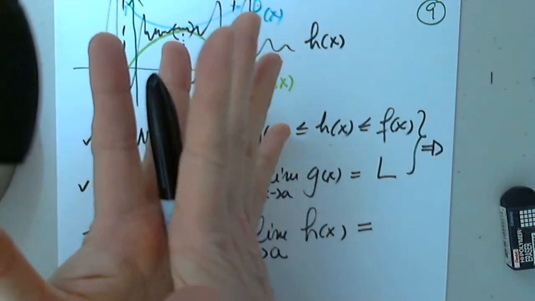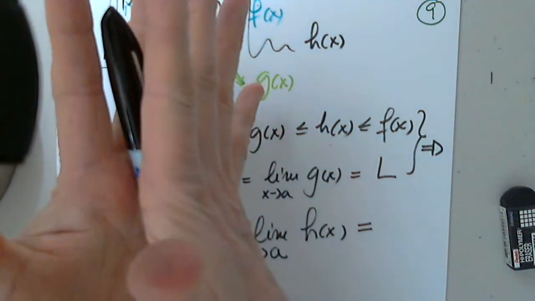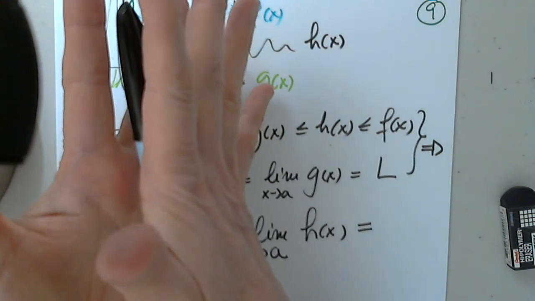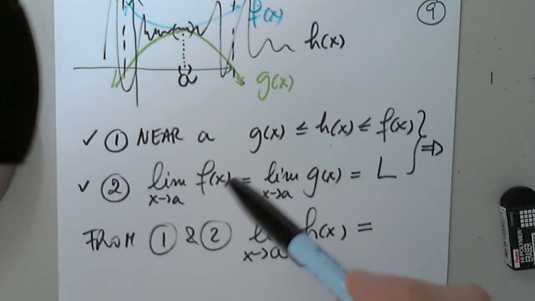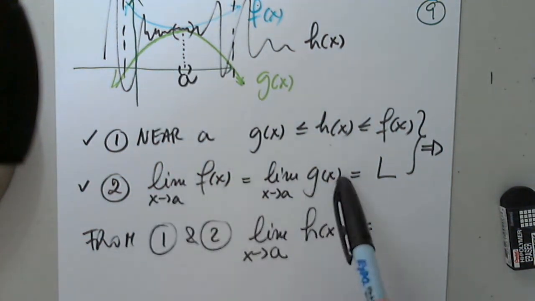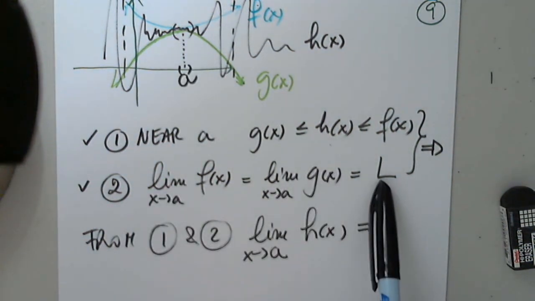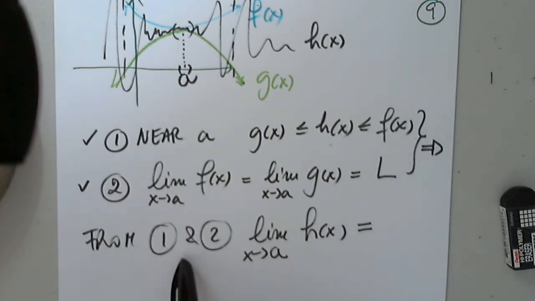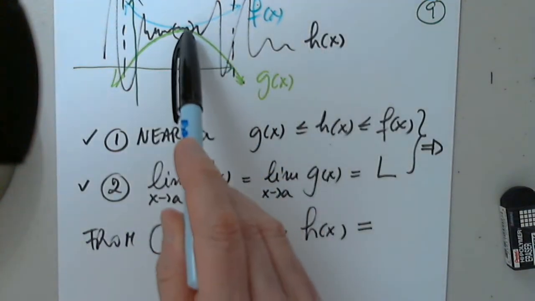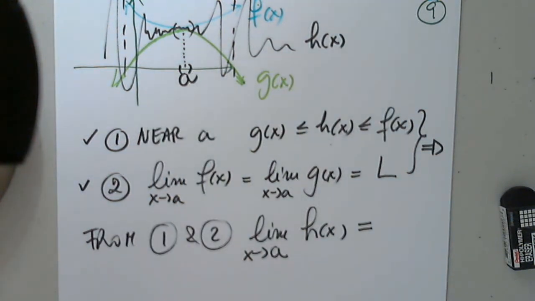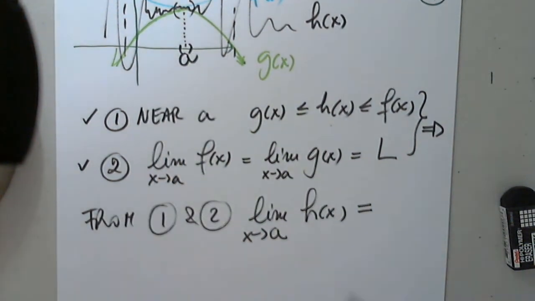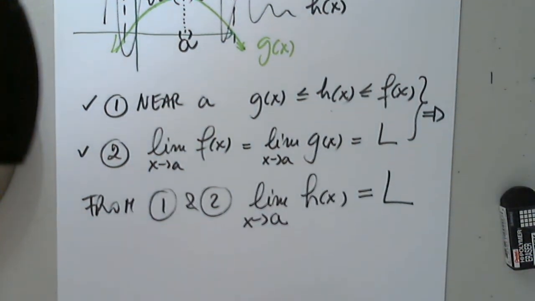H is sandwiched between those two functions, f, g, and h, and both limits exist, and they are the same number. What do you think the limit of h of x will be? The same. Absolutely the same.